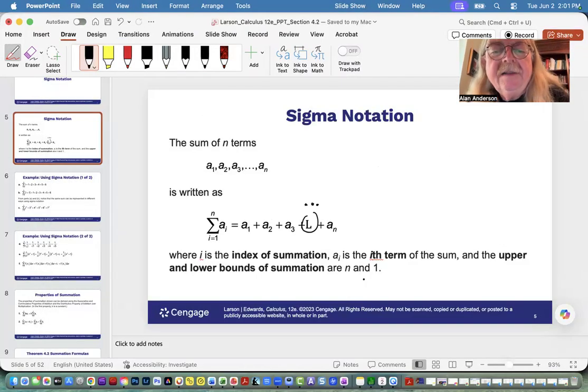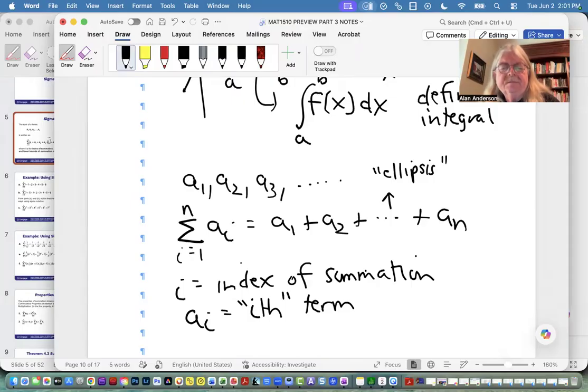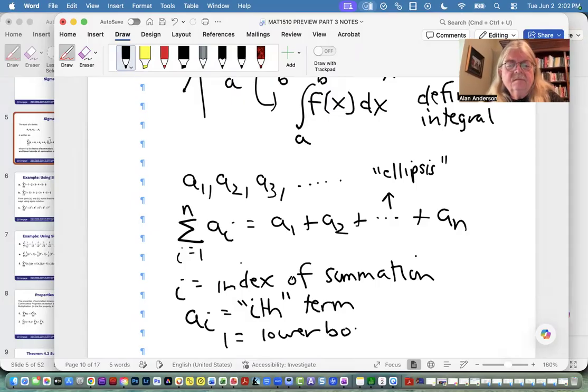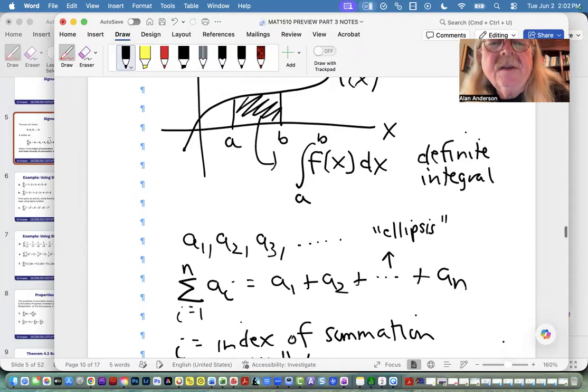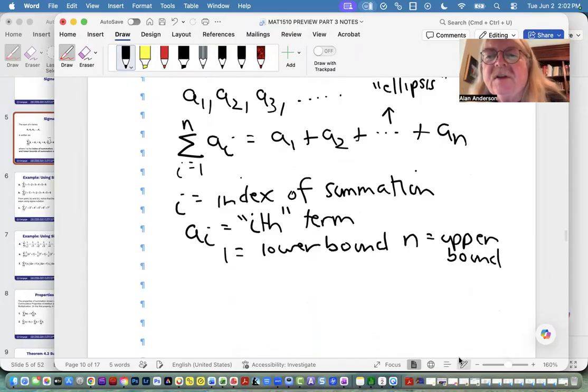And the bounds are 1 and n. This is pretty normal for summation notation.